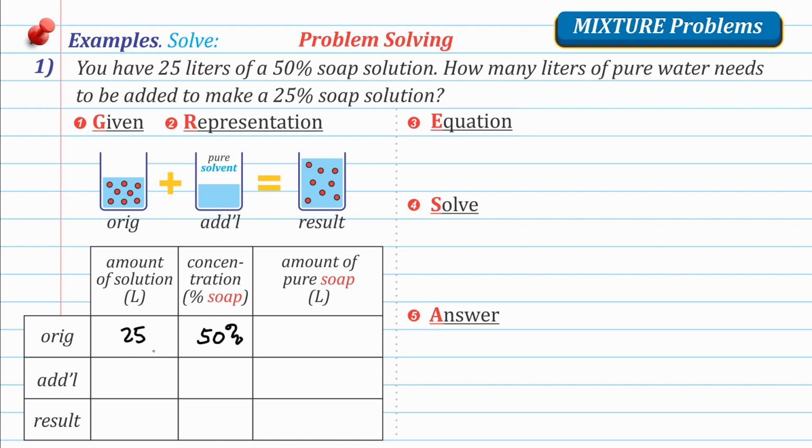So that means we can set the amount to be added as X, additional amount. Next, to make a 25% soap solution. When you say to make, that means the result. So that means the result is a 25% soap solution. So let me write here, the resulting concentration is 25%.